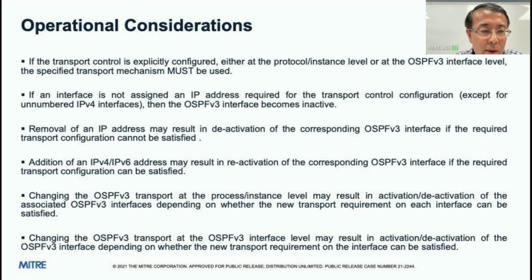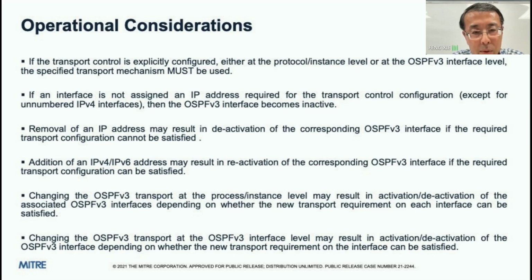And then we set up a set of rules to make sure that there's no conflict, right? So if you have control at both levels, then the control at the interface level will take precedence. Otherwise, if you only have the control at the instance level, then all the interfaces will inherit that from the OSPF instance.